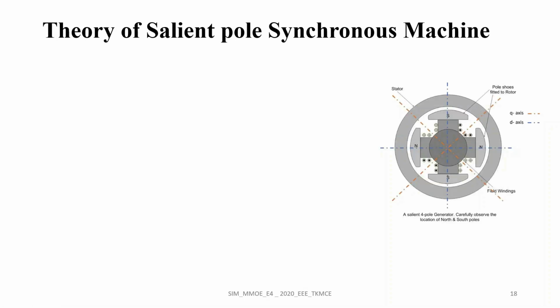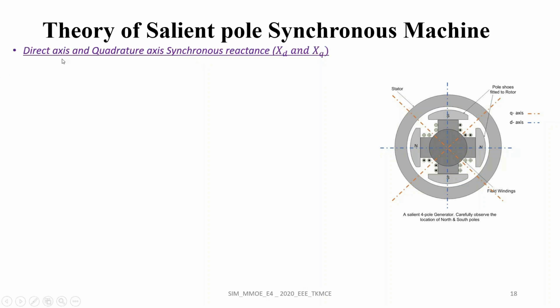Now let's see the theory of the salient pole synchronous machine in detail. This is a 4-pole salient pole alternator. Here the blue line indicates the D axis, direct axis, and this orange line indicates the quadrature axis. Direct axis and quadrature axis are there in a salient pole synchronous machine.